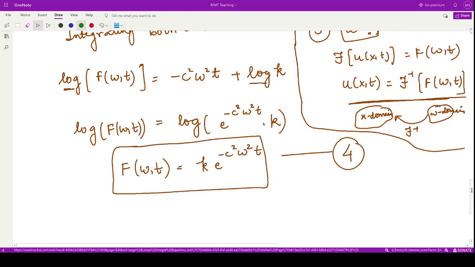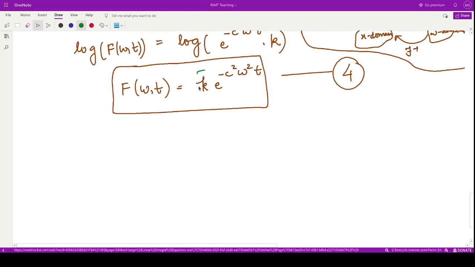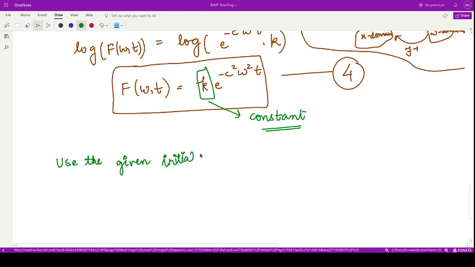So the next task is, moreover, this k is a constant quantity, and we are to calculate its value. In order to calculate this value, we can use the given initial condition. So what is the given initial condition? The condition where t is equal to 0.